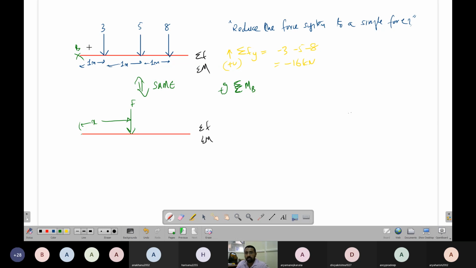So this into 1 is clockwise: -3 into 1, plus 5 into 2 is also clockwise, plus 8 into 3, so this is also minus. So this is equal to -3 minus 10 plus 24.